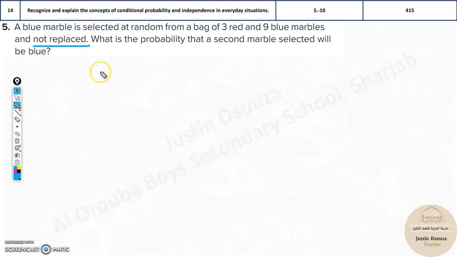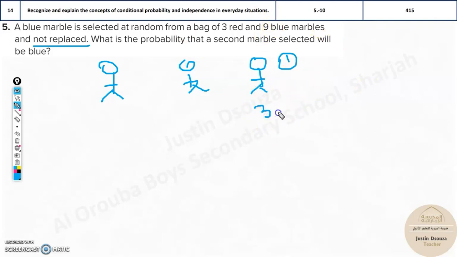Now imagine there are 3 friends standing, and this is your first friend. You're offering him a box of chocolates, of which 3 are red and 9 are blue. So he has the opportunity to select one of the 3 reds or one of the 9 blues. Total possibility for him is 12.